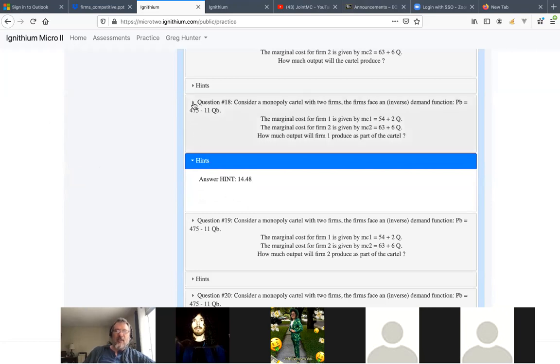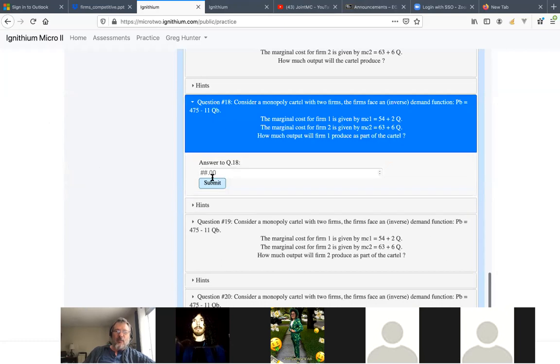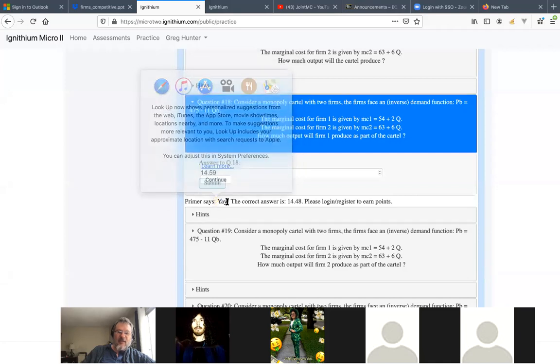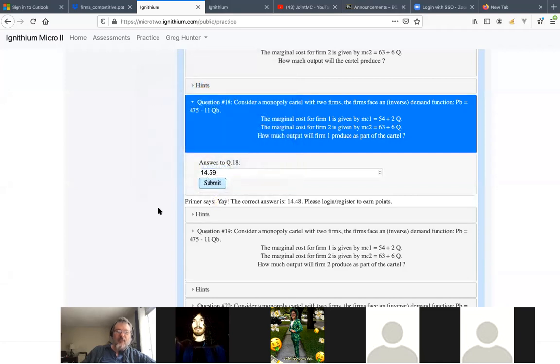If we were to do this on Ignithium, I'll put in Ruben's answer, 14.59, and submit, and it says yay, right? There's a little bit of rounding error in there, but that's okay. So Ruben and Aubrey.